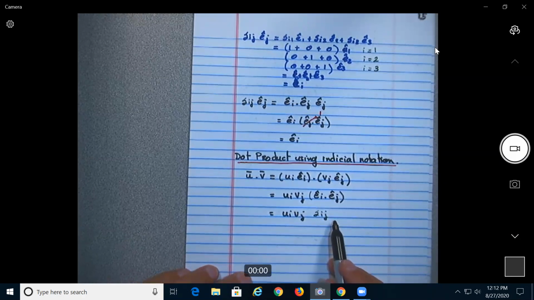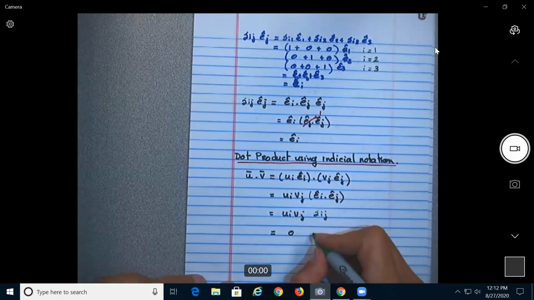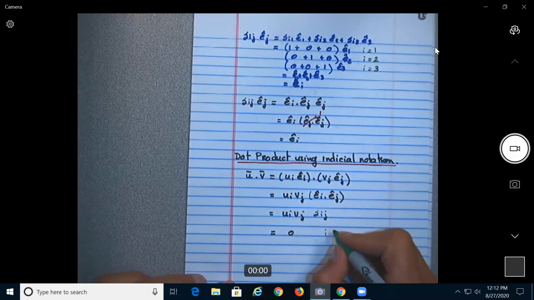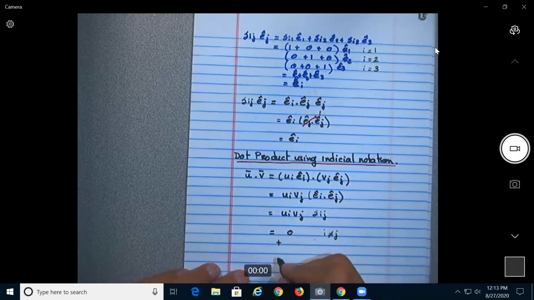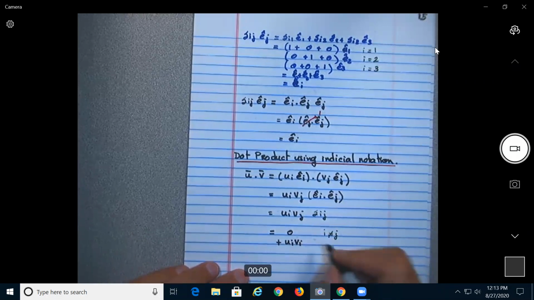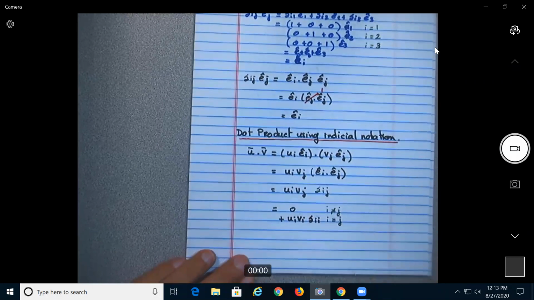But if i equals j, it is 1. So here you can put 0 when i is different than j, okay? Plus u sub i, v sub i, when either j equals i or i equals j, no? Yeah, understand the two parts over here?